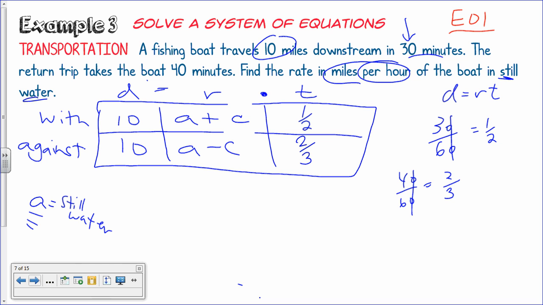Again, what are we trying to find? The rate. We're trying to find A, the still water, right? Okay. Here's what it's going to look like. Now, see this time right here? What is that? A plus C or A minus C. What property is that? Distributive. Write this down.